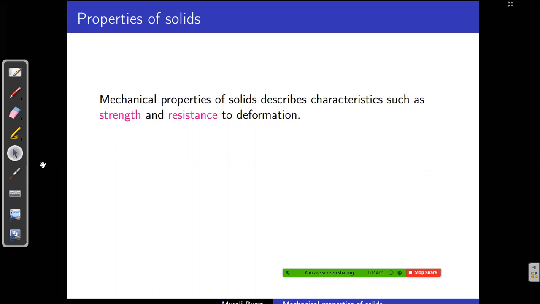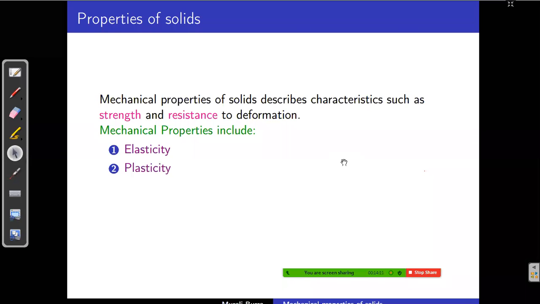So if we go further, these mechanical properties include majorly four properties: elasticity, plasticity, ductility, and strength. Okay, these are the mechanical properties which generally we have.